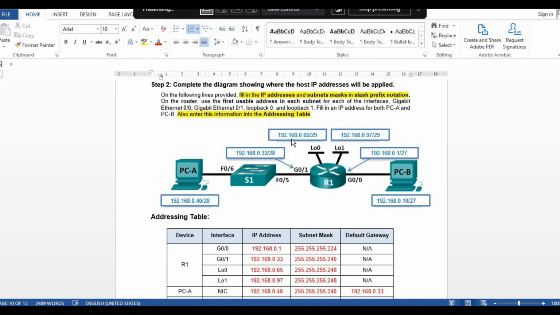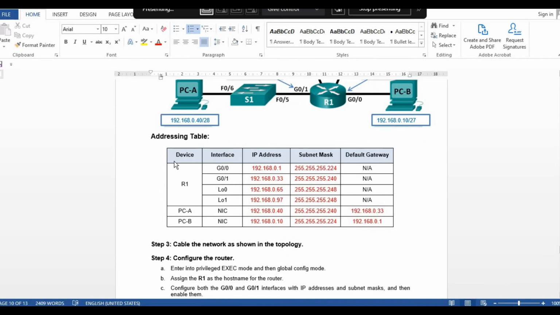For loopback 0, 192.168.0.95/29, and loopback 1, 192.168.0.97/29. So this is the table for addressing, the IP address, subnet mask and default gateway.